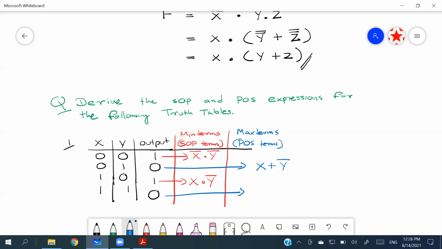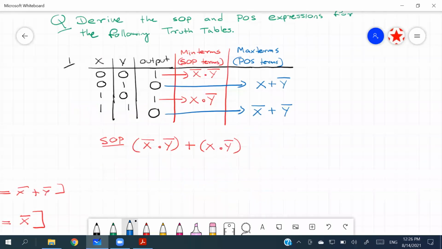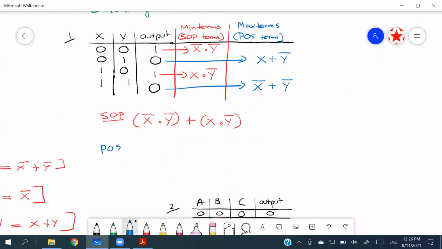So x plus y bar. And this, you got 1 and 1. So that means x bar plus y bar. Right? So the final answer is going to be the POS x plus y bar dot x bar plus y bar. Right?